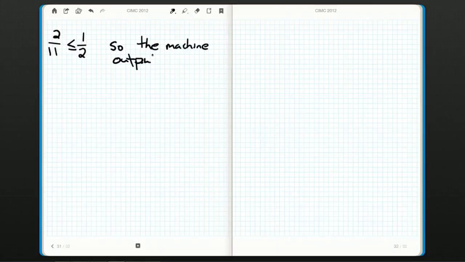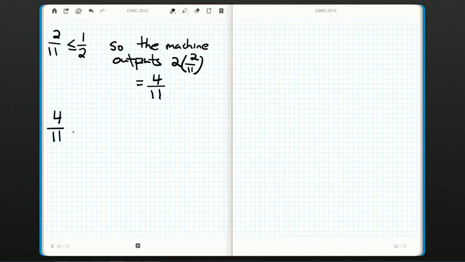So the rules of the machine tell us that it outputs 2 times the number we put in. So 2 times 2 elevenths is going to be 4 elevenths. So that's the next number in the sequence. We figured out the first number of our chain of 4.